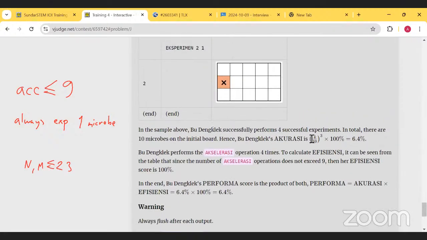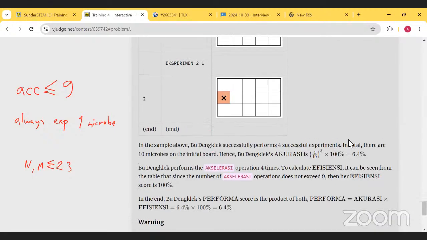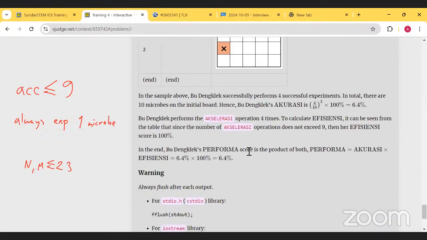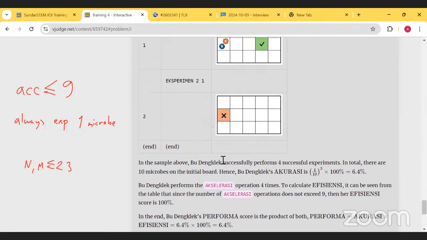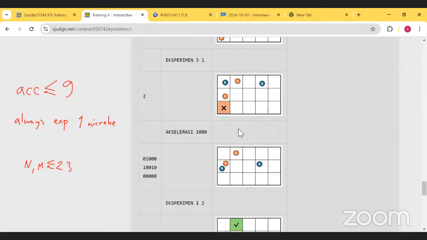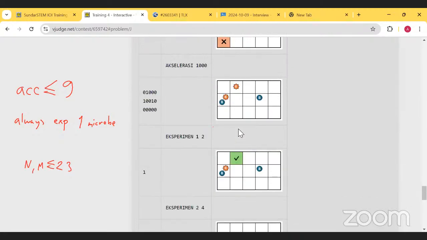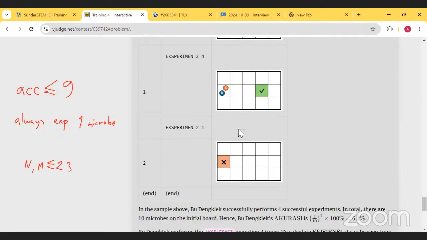So the points will be only 6%. The score is so small because there are too many failed experiments.